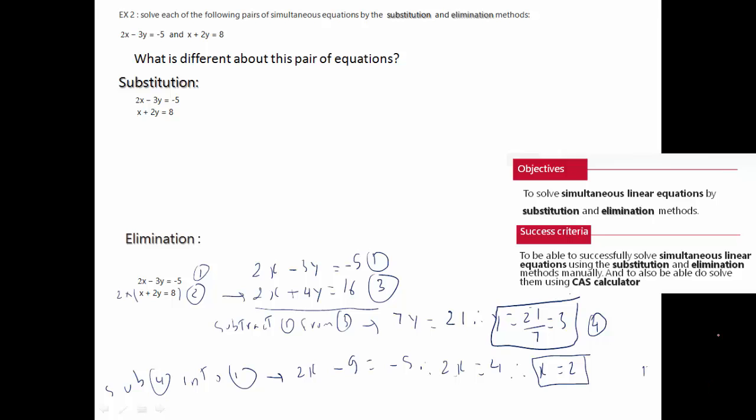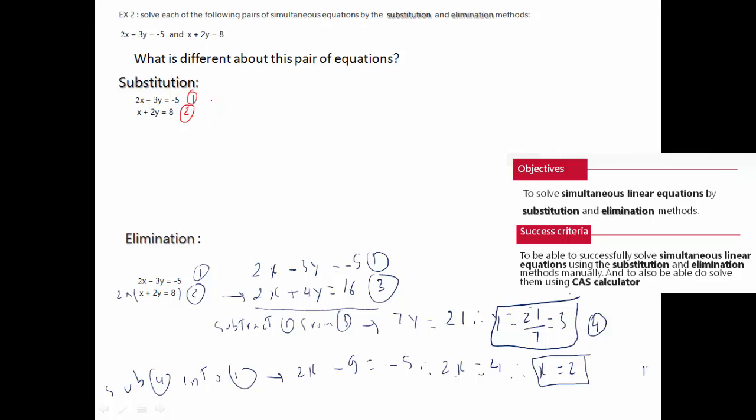Okay, now let's do the substitution method. 2x minus 3y equals -5. That's equation 1, and that's equation 2. For substitution, it doesn't really matter whether the y's and x's have similar multipliers or not. It just works, so it's probably easier in such situations.